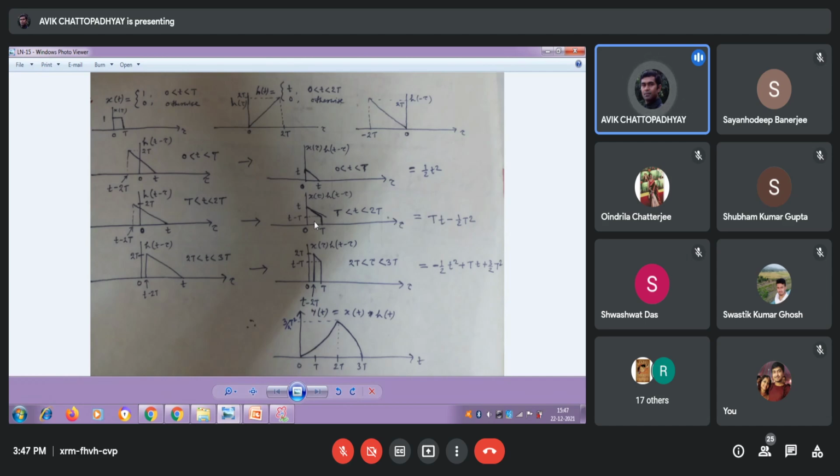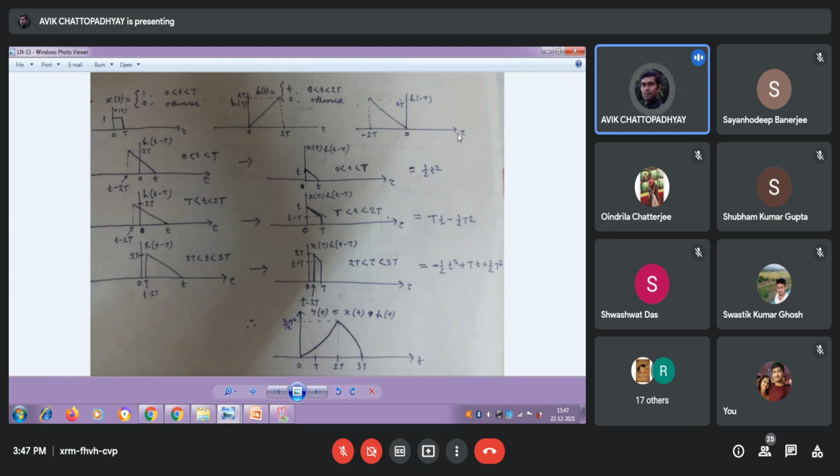Now the highest value this signal gets is at t, and that will be dictated by this, which has a smaller base, a lower limit, 0 to t. This limit is smaller with respect to this limit, which is 0 to 2t. So the maximum will be at t equals 2t.